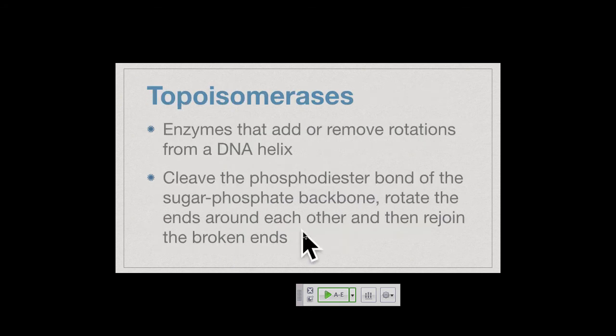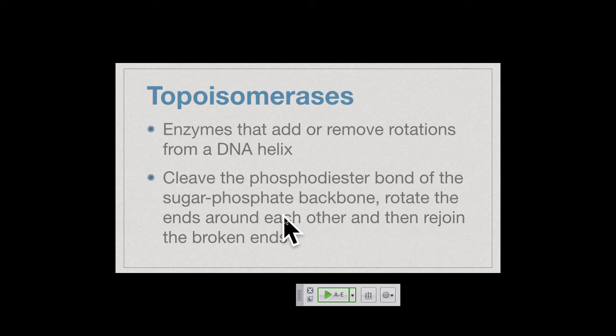So these enzymes that can add or remove these supercoils by removing rotations from the DNA helix are collectively called topoisomerases. So they're changing the topography of the DNA molecule. In general, there's a whole range of them. We're not going to go into the details. In general, what they do is the enzyme binds to the DNA. It cleaves one of those phosphodiester bonds, just like making the nick that I talked about.